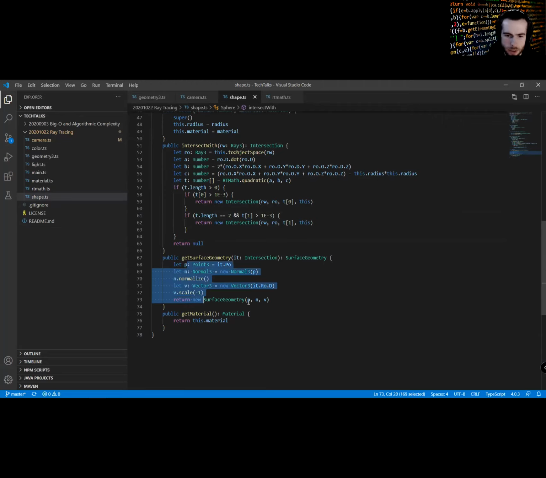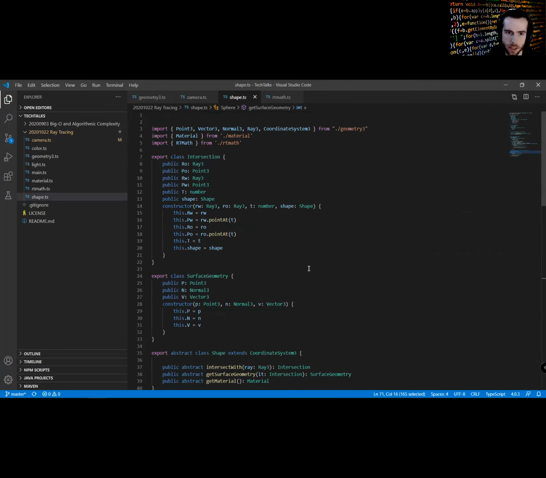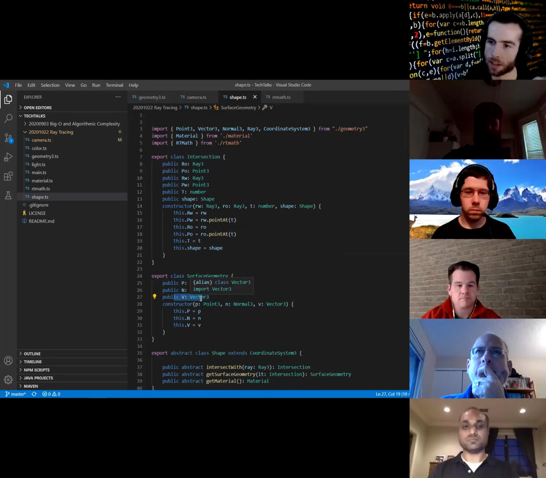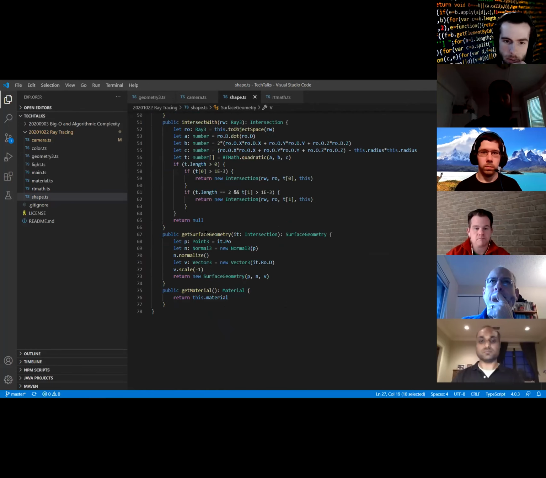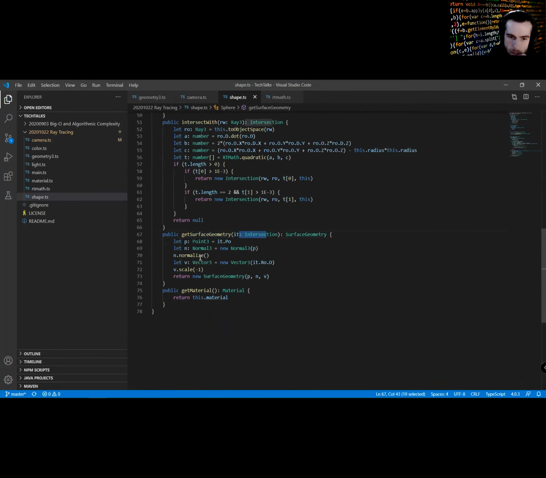And then, really quickly, here's a little method to get the surface geometry. I have another class, surface geometry, which contains the point of intersection, the surface normal, and the vector that points to the camera. It takes an intersection object. Normals are super easy to calculate on spheres because you just take the point of intersection and normalize it.